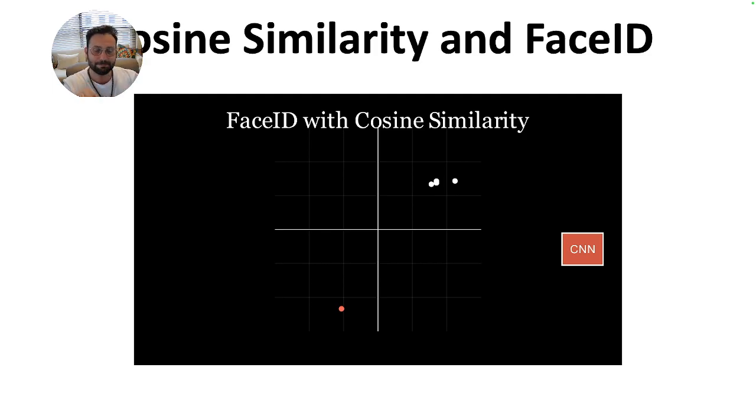So what makes it do this? Place images of the same person close to each other and images of different people far from each other. That's the way it is trained.